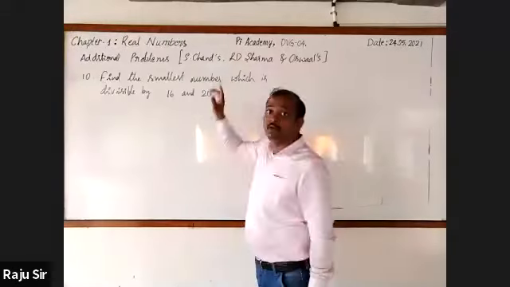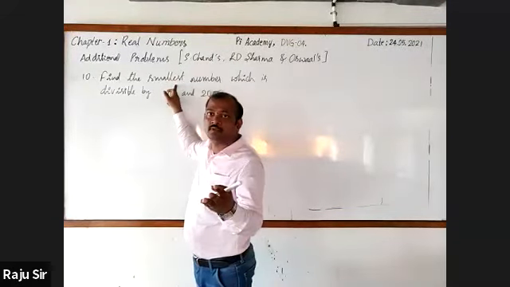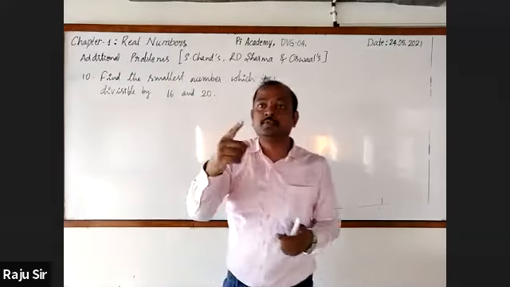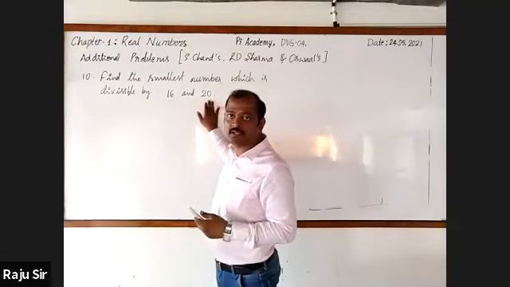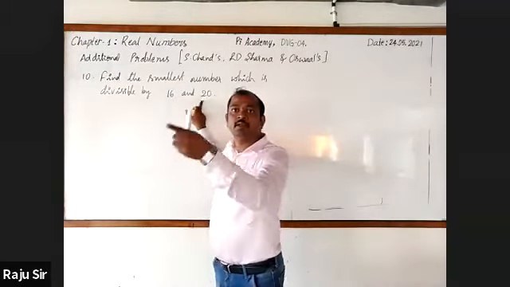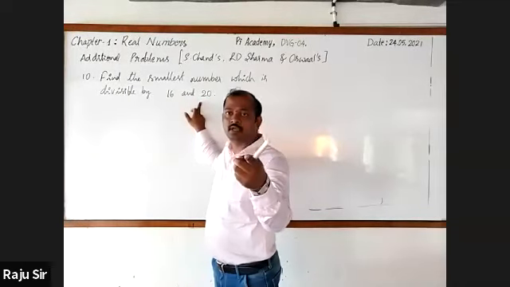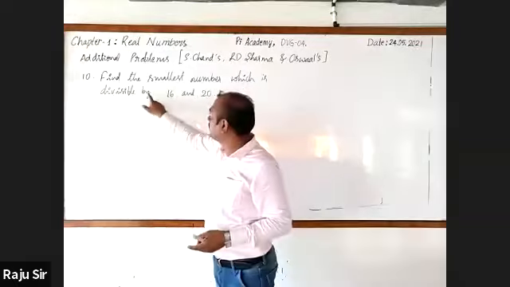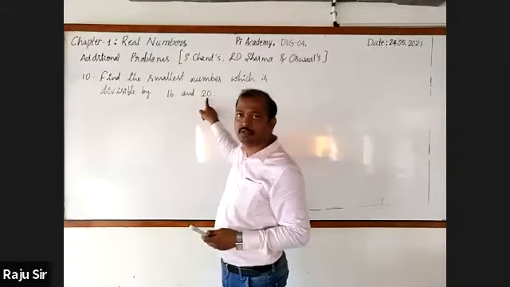Observe here, you are going to find out a number. Don't think that as it is smallest, it is LCM. Here you are going to find out a number which is divisible by 16 and 20. That means 16 and 20 will divide that number. We can also understand that that number is a multiple of 16 and 20.